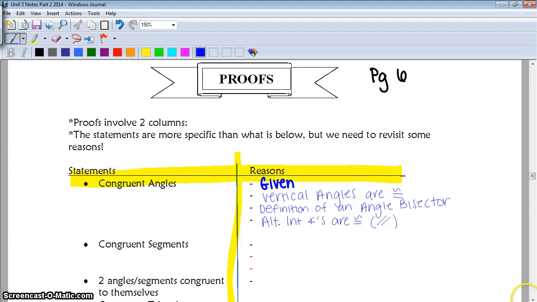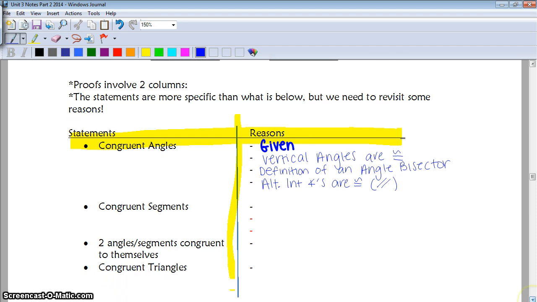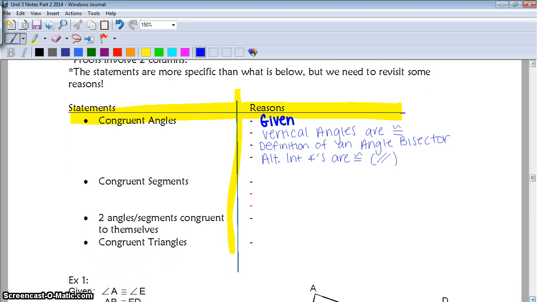Okay, the next statement we could have is that two segments are congruent. What could be your reason to justify why segments are congruent? Well, it again could be in the given. You could also be given a segment bisector. So a bisector that cuts your segment in half.